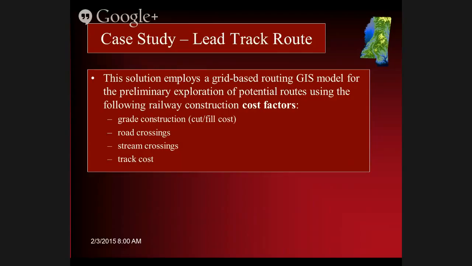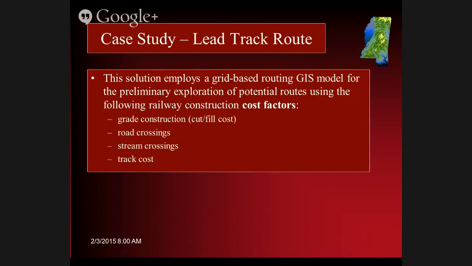Okay, trains can't go anywhere near, obviously, we know this, but they can't go anywhere near the same slopes that cars can go. Okay, they have a set grade that they can do. So there has to be some cutting and some filling to make a rail bed that doesn't go up really big hills or down really big hills.